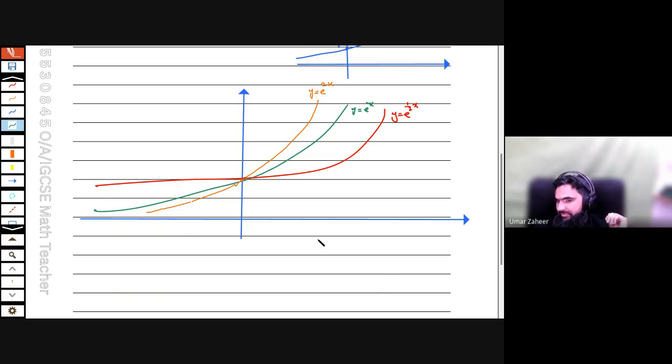For example, you have a graph y is equal to e raised to power kx. So here the k basically tells you the steepness of the graph. Is it clear?